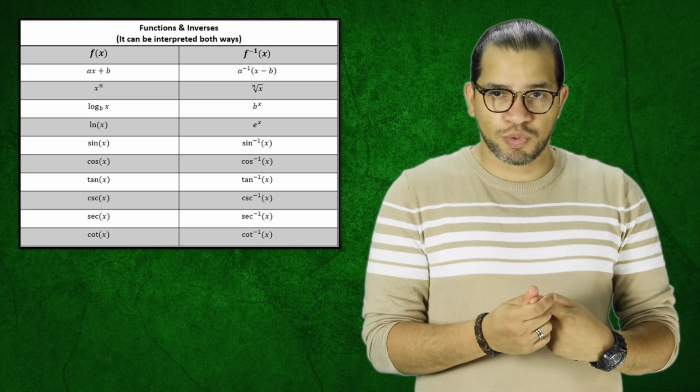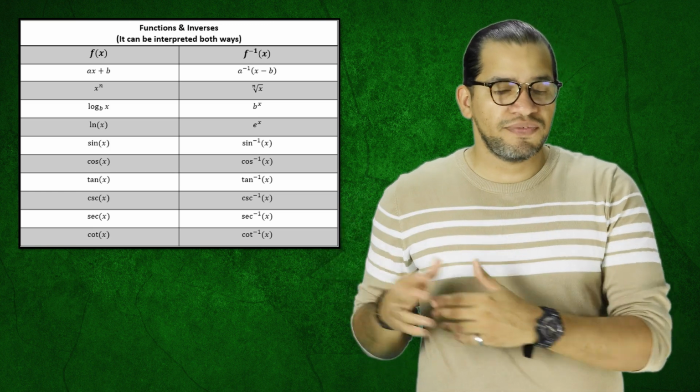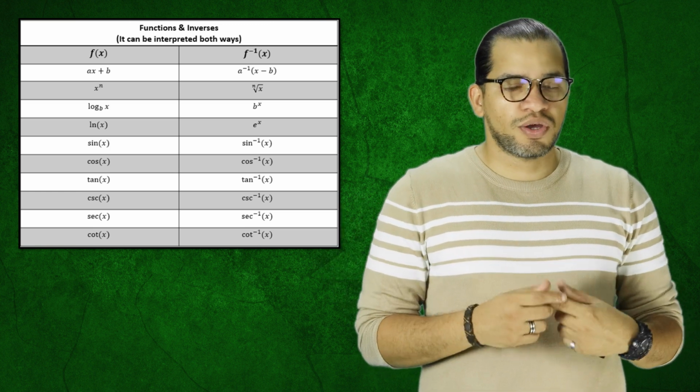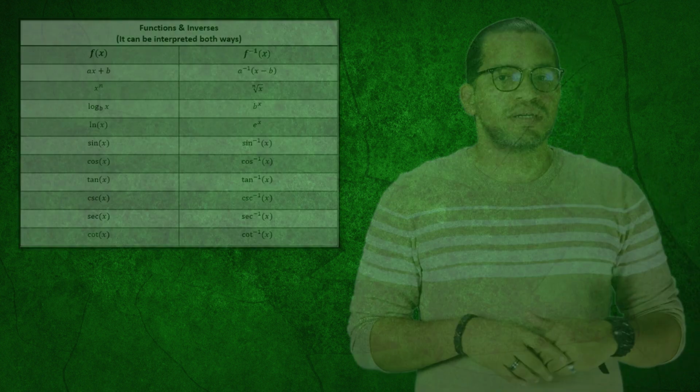And cosecant, secant, and cotangent have as inverses arccosecant, arcsecant, and arccotangent. I invite you to graph all of the functions that I just mentioned so you can start getting familiar with them. In this course, we are going to use each and every single function that I just mentioned, and we are going to learn every single property about them.